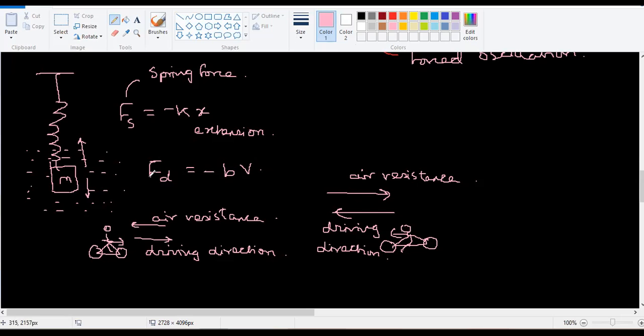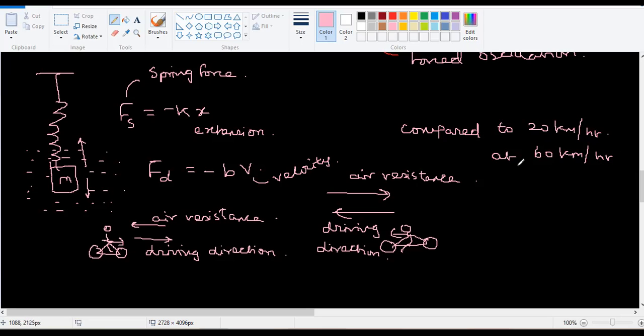So it means the damping force is proportional to the velocity. Is that fine? Everyone following this?